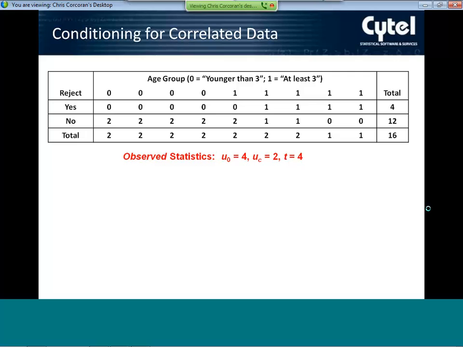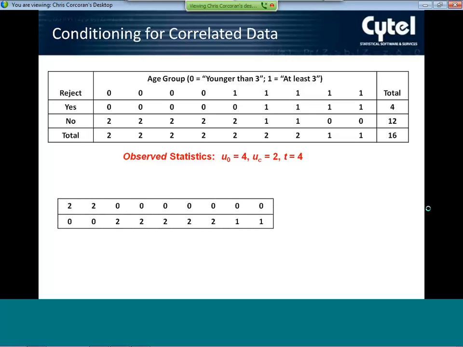Well, as with the tea-tasting experiment, we consider all possible tables of the kind that you see at the top of the slide, the observed table, that also give us these values for the 2 statistics U0 and UC. So for example, here's a table, and I've dropped the margins. I'm just including the rows for the sake of illustration. But here's one table that gives us a number of rejections equal to 4, as with the observed table.